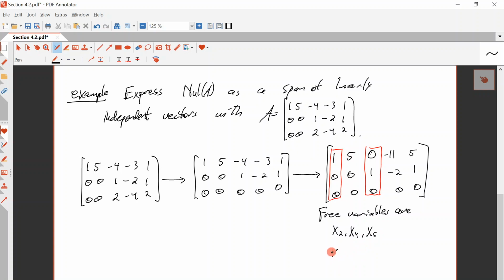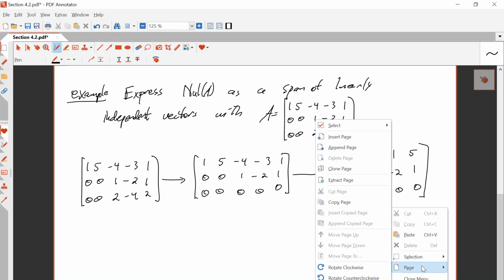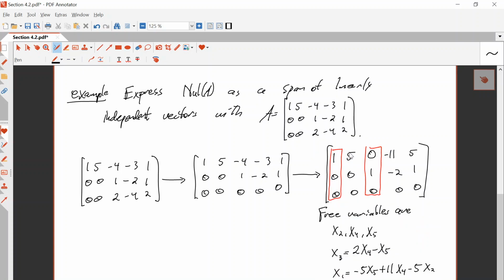Then x3, which is a pivot variable, is 2x4 minus x5, and x1 is equal to minus 5x5 plus 11x4 minus 5x2. All right, so that's the description of our variables, but we're not done yet.